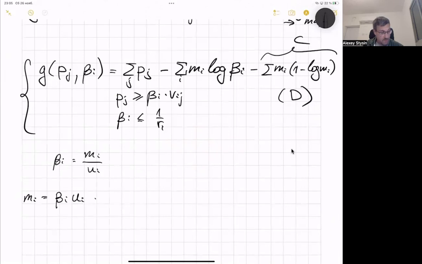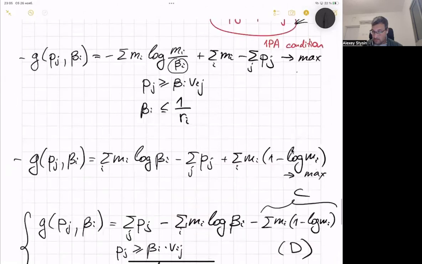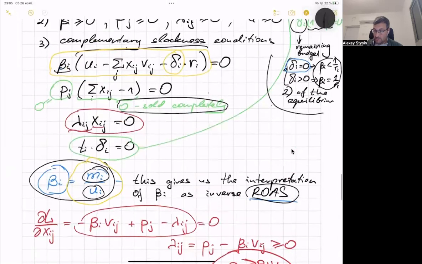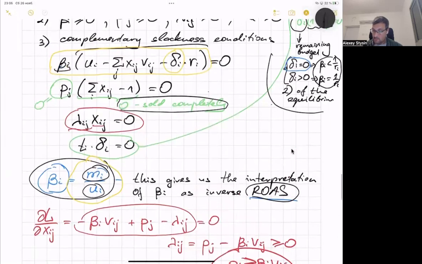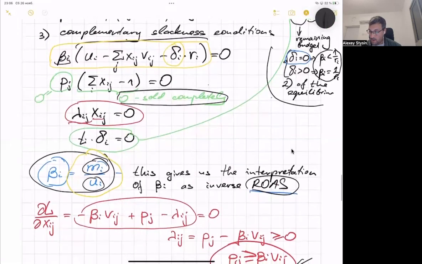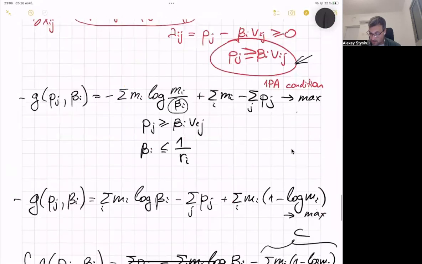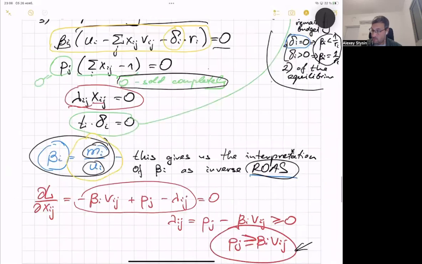And because of the slackness, because of this condition, we would substitute here because it's just equal to 0.